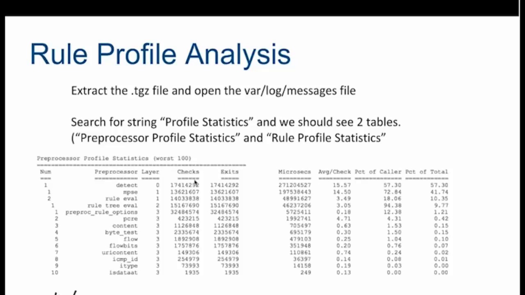If the number of checks is high and the time in microseconds is high, that means that component is taking many more resources than others. When we troubleshoot this, we check the relative outputs in a normal situation and in a situation where there is an issue, and when we compare, we can see that this component doesn't look good, and troubleshooting is based on that component.